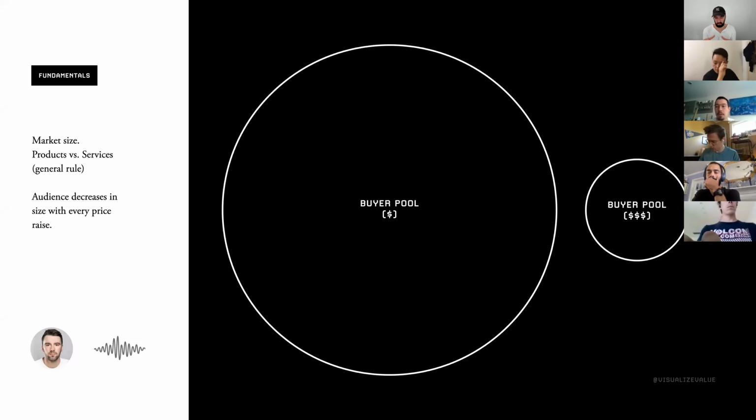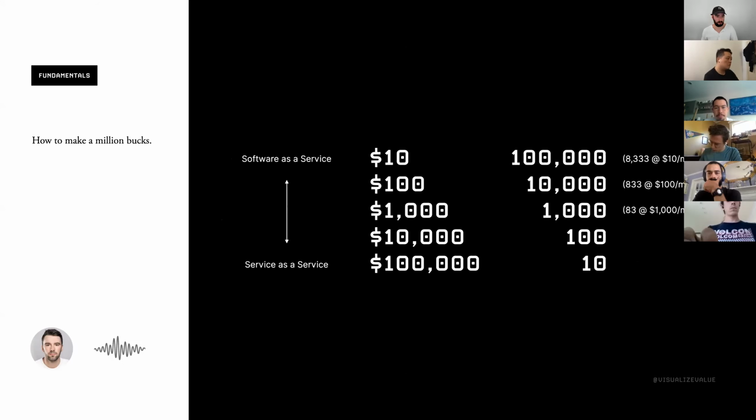So the buyer pool is smaller by default, just based on the fact that the person has a very specific need, and it fills a very specific set of parameters which qualifies them to work with you. So just to frame up the conversation, thinking about the lower price your product is, the more people can afford it, essentially.